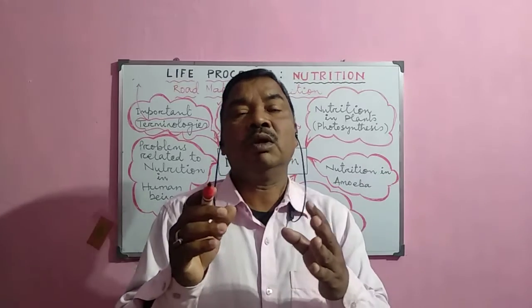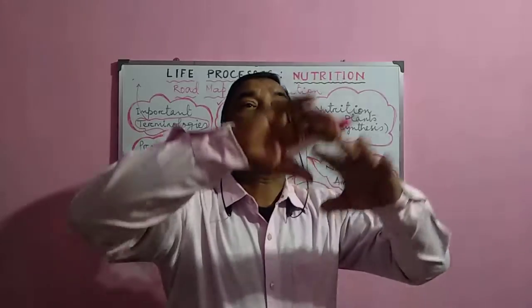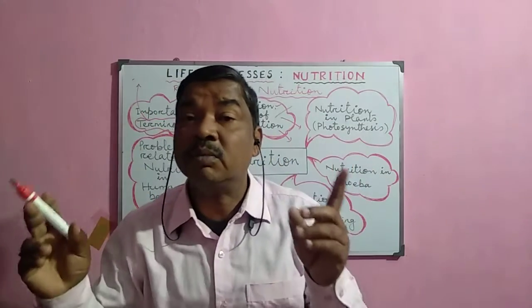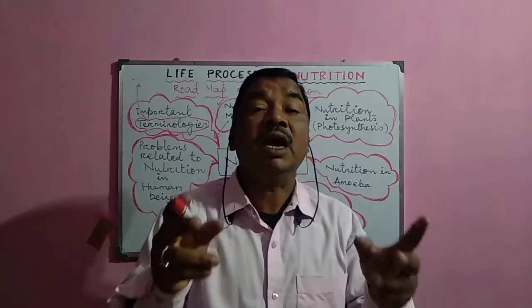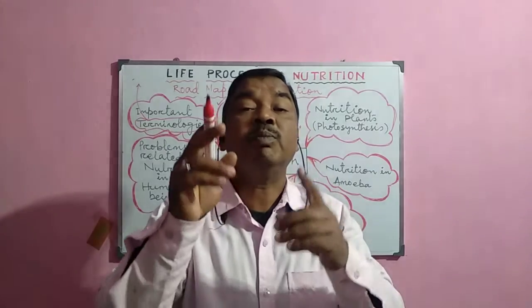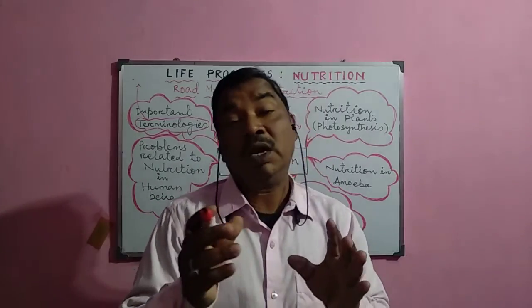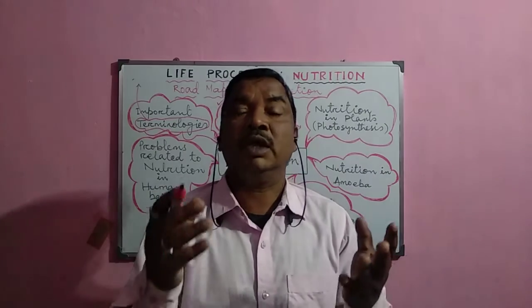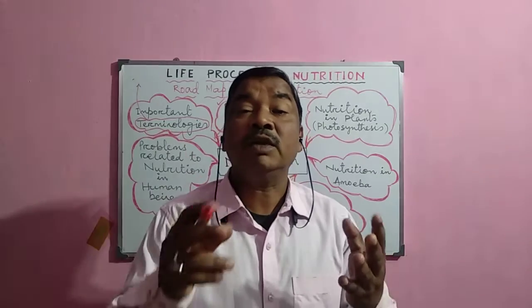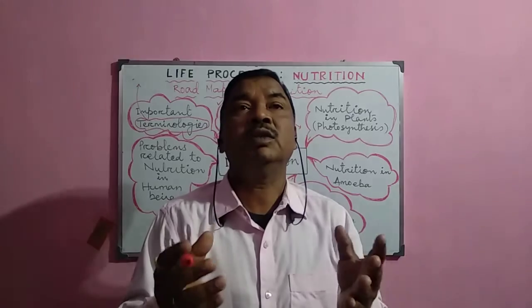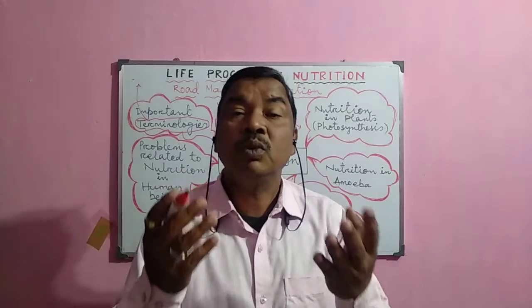After the absorption of the food material into the blood, it is transported to each and every cell of the body, and it is utilized for different purposes. For example, suppose it is carbohydrate. Carbohydrate, as we know, is the energy giving food. When it is broken down, it is finally converted into simple monosaccharides, the sugar molecules.